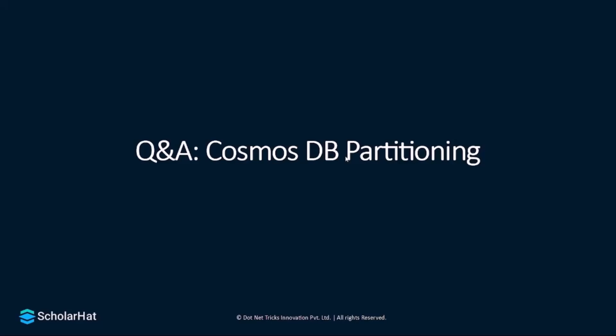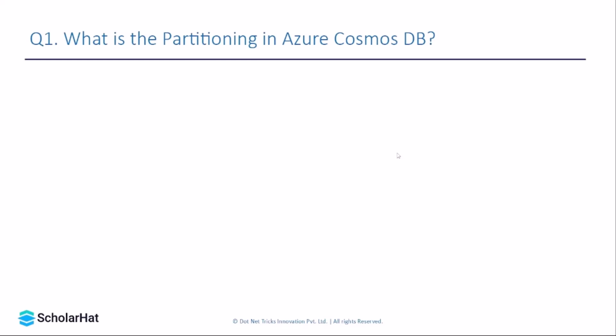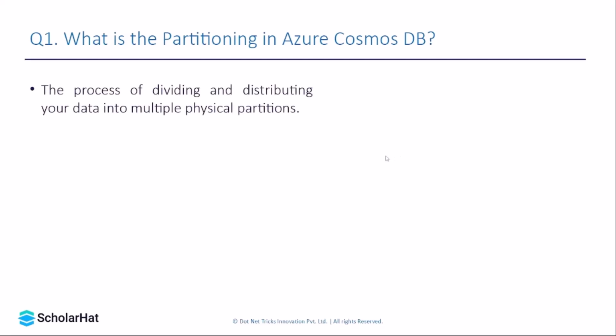Let's move to our next topic, Cosmos DB partitioning. Let's discuss what we mean by Cosmos DB partitioning and how it works. The first question that can be asked around this topic is, what is partitioning in Azure Cosmos DB? Partitioning is the process of dividing and distributing data into multiple physical partitions.